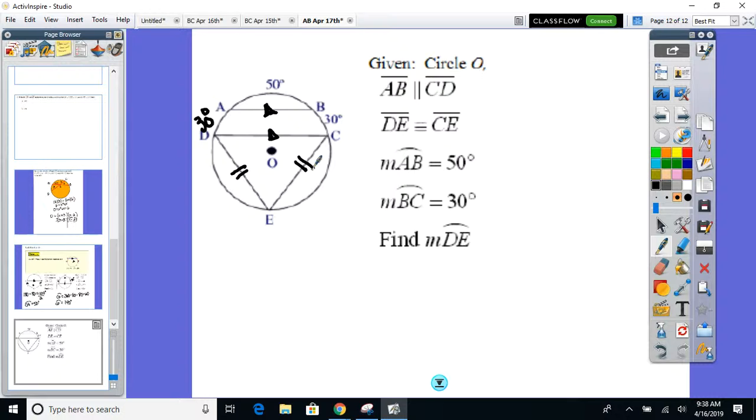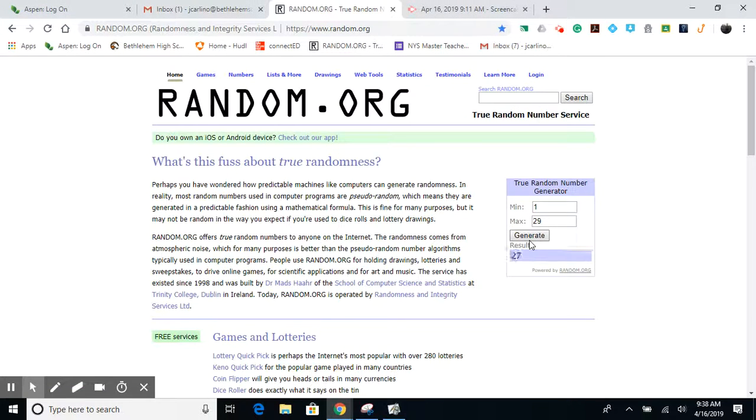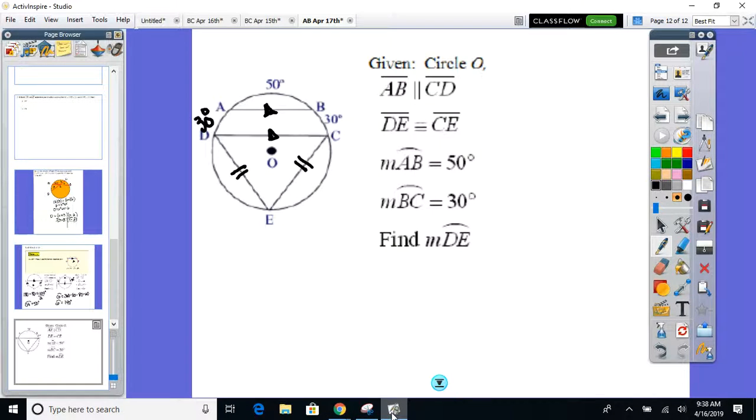I got to use a theorem we used one of the first couple days of the unit. What are DE and CE in the circle? If the chords are congruent, so are the arcs. So DE and CE are the same measure. What do they all add up to?